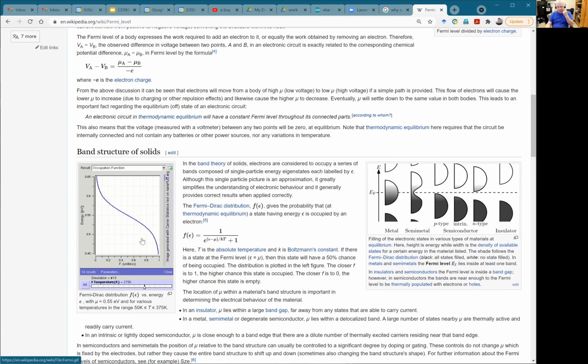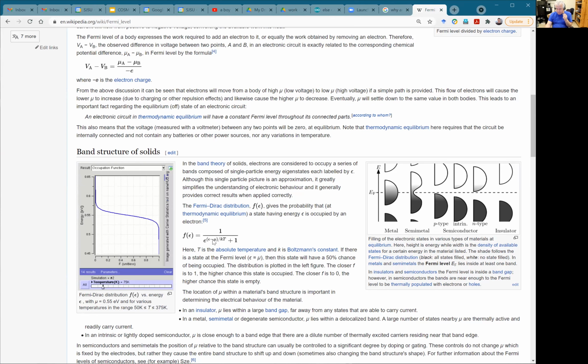Okay, what does it mean that as temperature increases, as T gets larger, this term goes to 1/2? At T equals infinity, you've got e to the 0, which is 1/2.